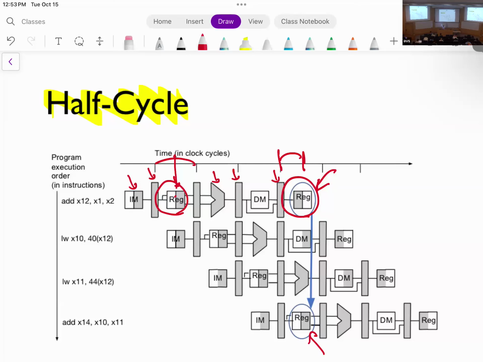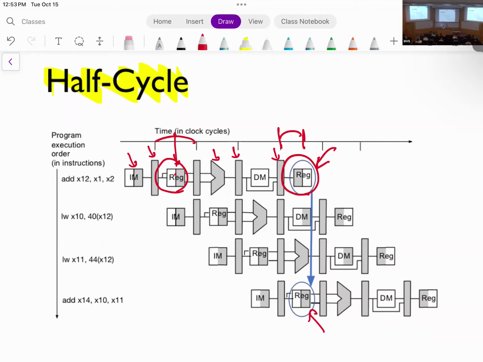So imagine you have something like this, that you're writing to x12, and let's say that instead of x11 this was x12, okay? That question that exactly one of your classmates asked: if I want to read x12 here, and I'm writing to x12 in the same cycle, the question is, which value am I going to read?